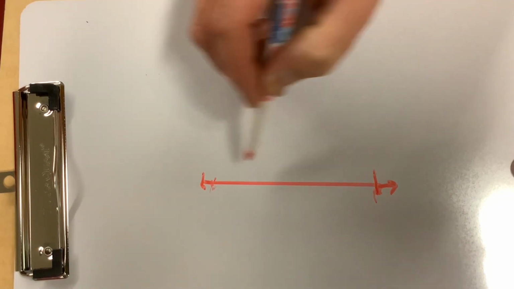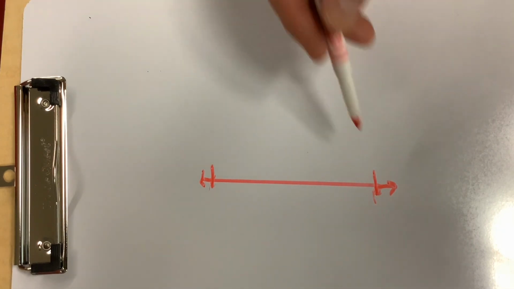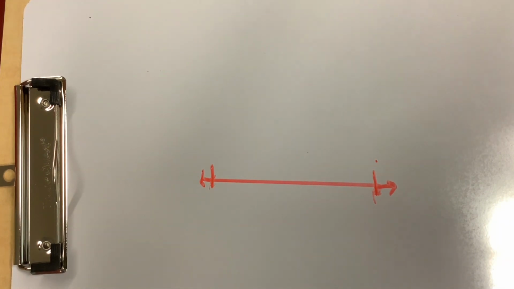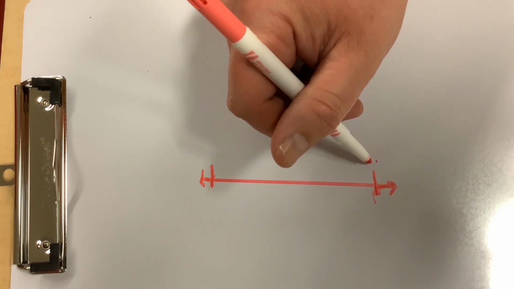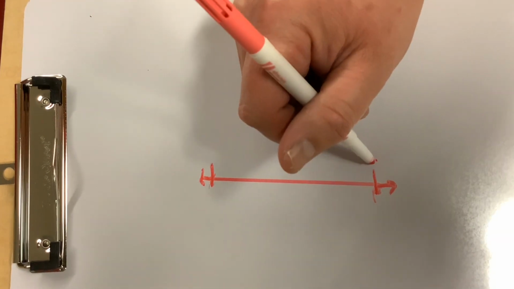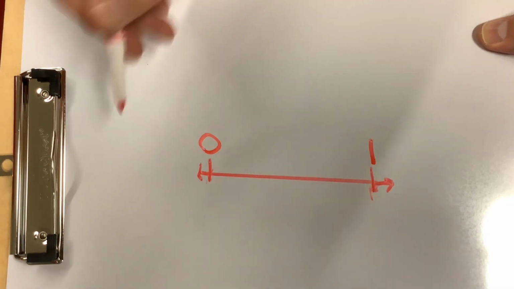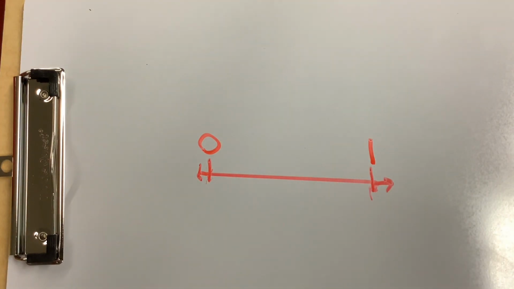But at those 2 tick marks, I'm going to label those. So right here would be my 1, and right here would be my 0. So from 0 to 1 is my whole.